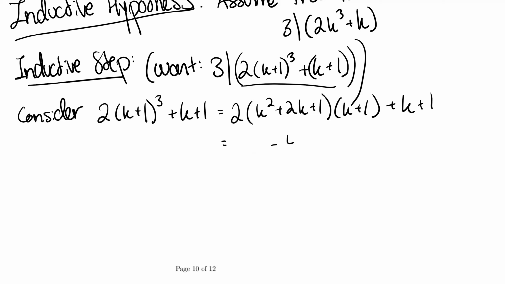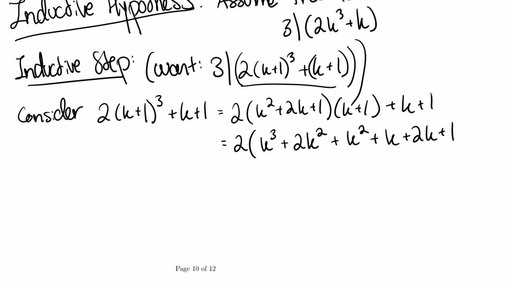Oh, shoot. Well, that's fine. I mean, that is true, but I just did it out of the order that I wanted to do it. 2k squared, and then plus k squared plus k plus 2k plus 1. Cool. Plus k plus 1.